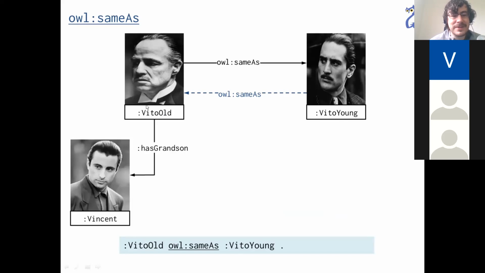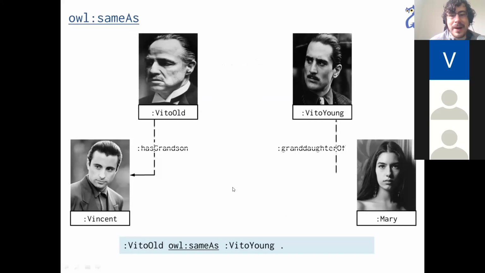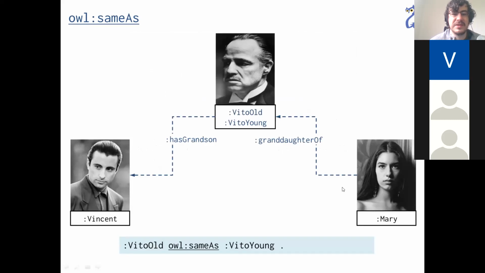And also if we have some data about Vito old, for example, has grandson Vincent, and some data about Vito young, such as Mary, granddaughter of Vito young, what happens here? We can somehow combine the data for both of these nodes. So we have this new combined entity that has the name Vito old or Vito young, and the data are combined for that node because we know it's the same entity.